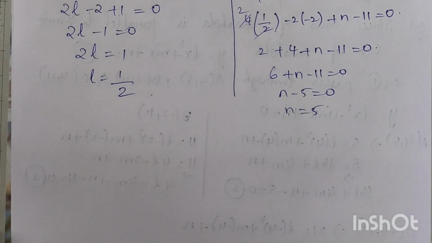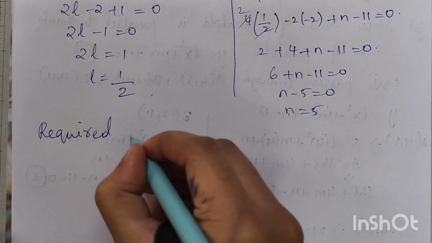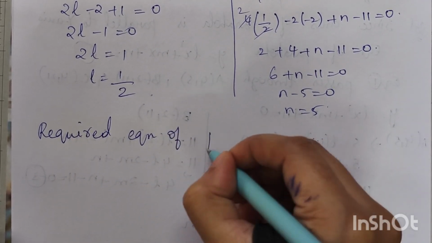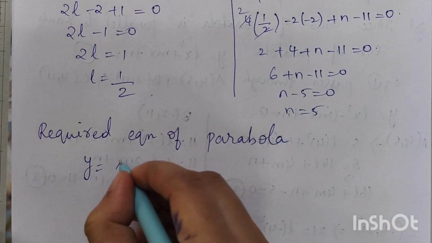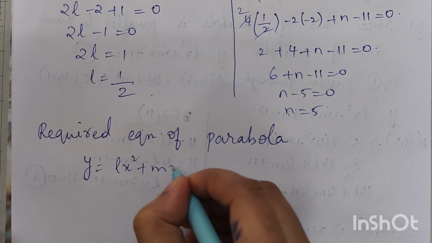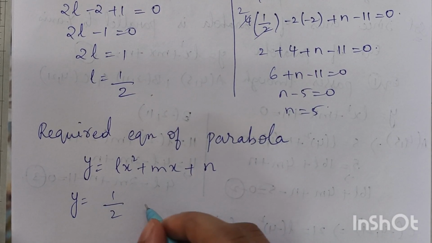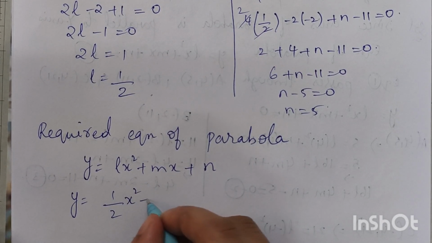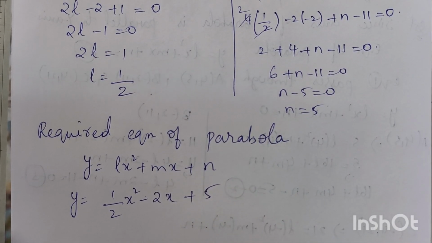Now the required equation of the parabola: y equals lx square plus mx plus n. So y equals 1 by 2 x square, the value of m is minus 2 into x, and n is 5.